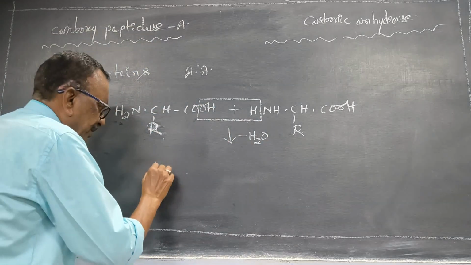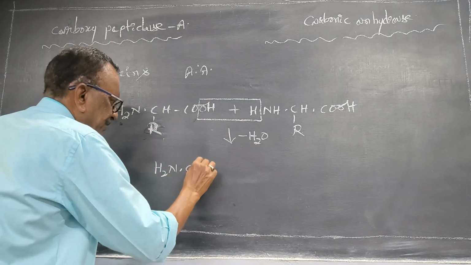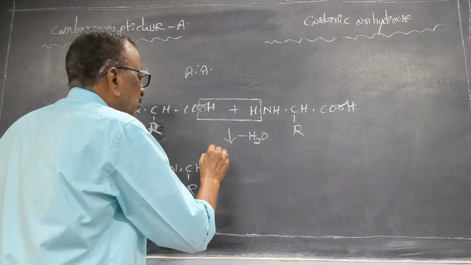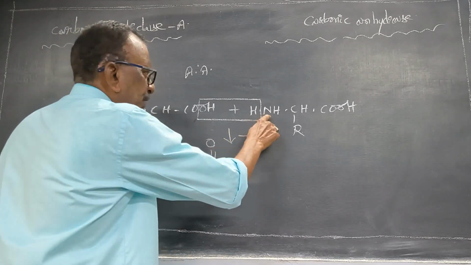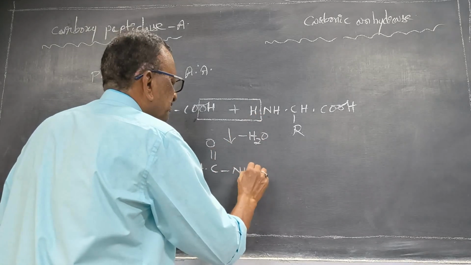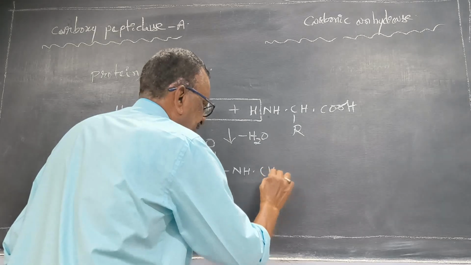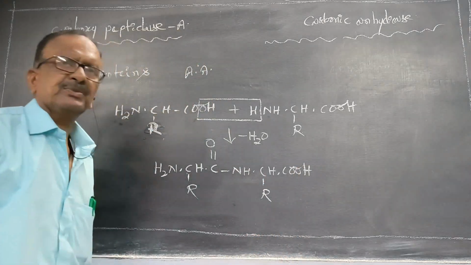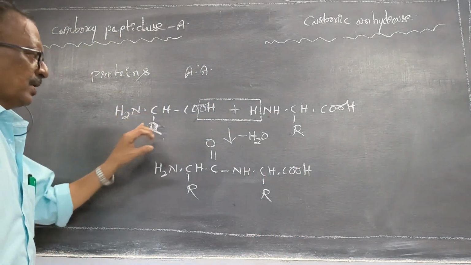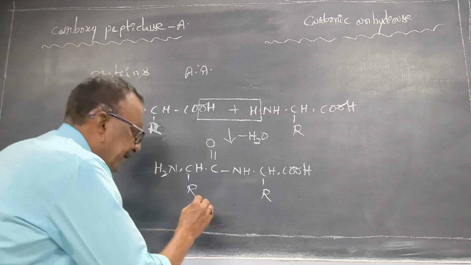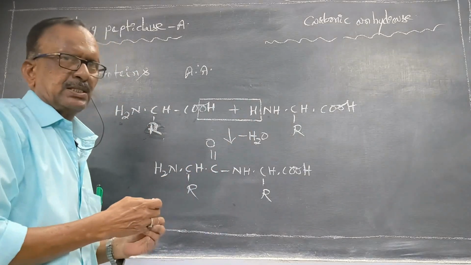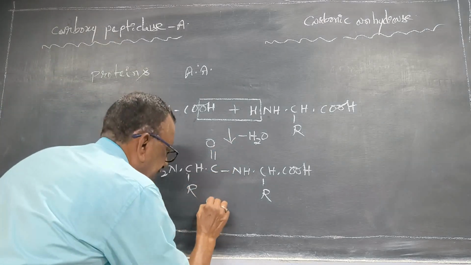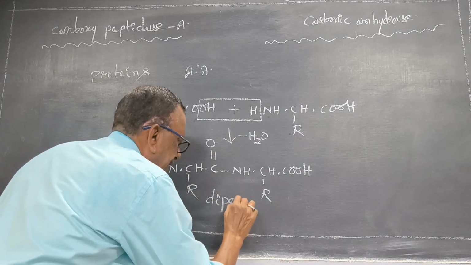Then we get NH2, CH, R, CO, NH, CH, R, COOH. Like that, we get a dipeptide. Two amino acids combine, losing one water molecule, giving a dipeptide like this.